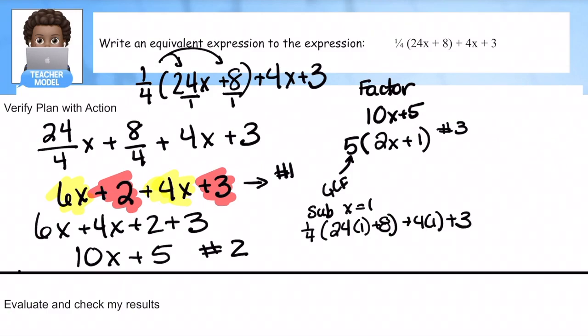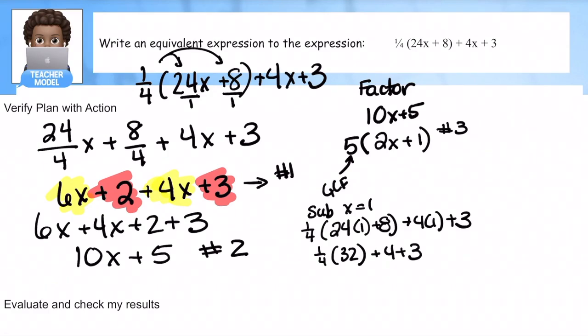All right, so let's do what's inside the parentheses first. And 24 times 1 is just 24. So 24 plus 8 is equal to 32. So I have 1/4 times 32 plus 4 plus 3. Okay, let's do our multiplication next. 1/4 times 32 over 1 will give us 32 over 4, which is the same as 8.